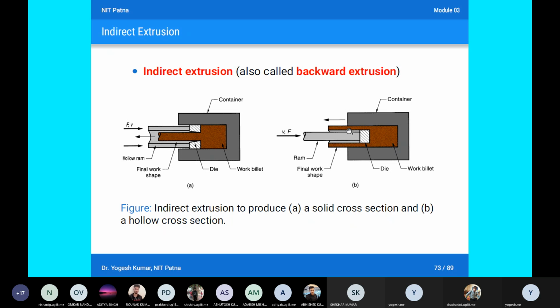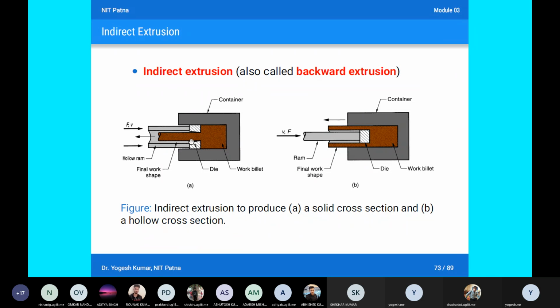The process is the same, but the direction of flow of metal here you can see is opposite to the direction of force applied. It is opposite to the direction of ram movement. Here hollow cross section is being produced, here solid cross section is being produced.